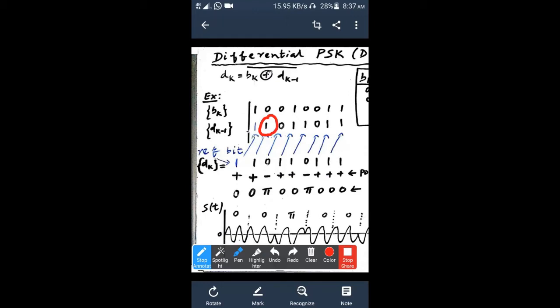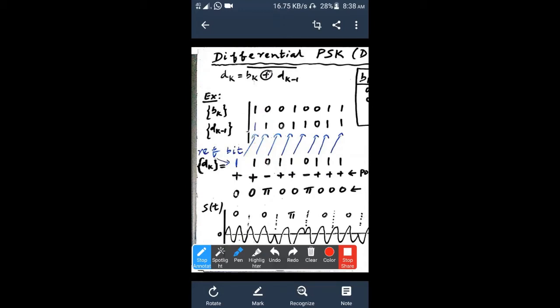This 1 comes from the previous dk. The previous dk, after giving it to the delay, becomes dk minus 1. This comes over here. And finally, these two will be XNORed now. After XNORing 0 and 1, you will get 0. Like this, the complete sequence dk is prepared.